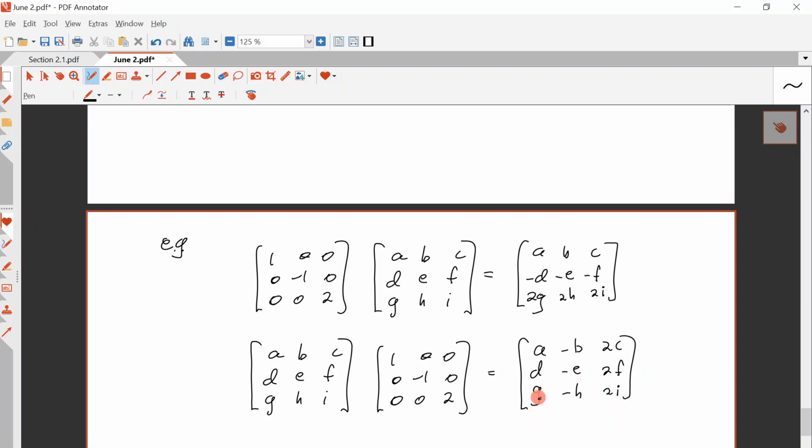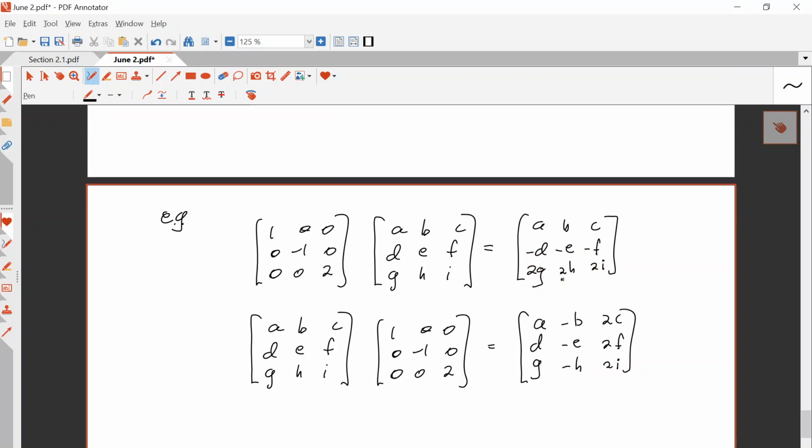So each row is multiplied by 1 in the first column, minus 1 in the second column, 2 in the third column. So diagonal matrices are kind of neat. Left multiplication by a diagonal matrix scales the rows of a similarly sized square matrix, and multiplied on the right, it scales columns. They're pretty neat.